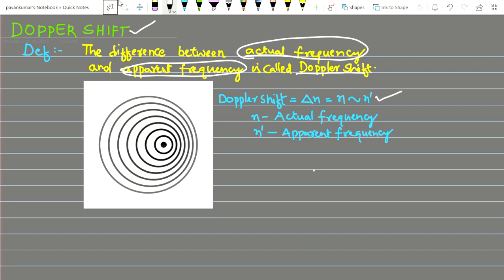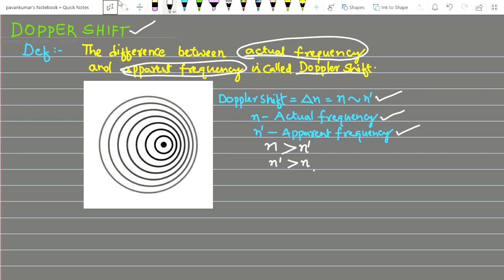Here n is called the actual frequency produced by the source of sound, and n dash is the apparent frequency which is heard by the observer. Sometimes the actual frequency is greater than the apparent frequency. In some cases the apparent frequency is greater than the actual frequency.